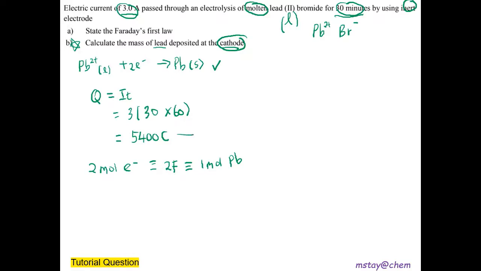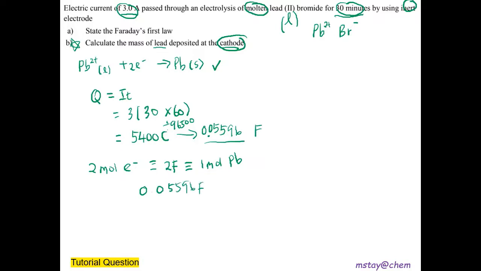When you convert it to Faraday, you will notice the Faraday is 0.05596 Faraday by dividing with 96500. Then you do the comparison.